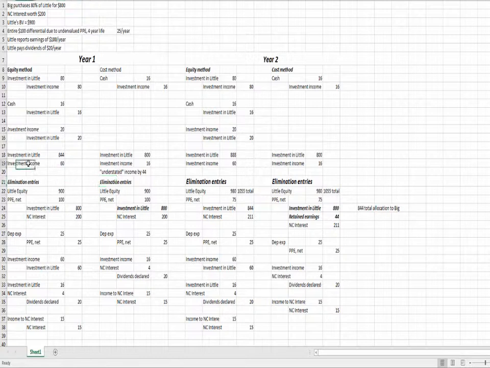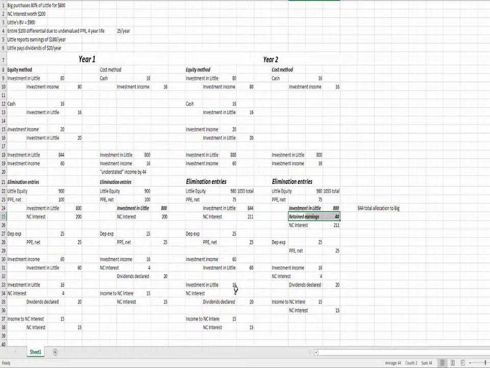Again, it should have been 60 if they had done the proper accounting. Instead, they took a shortcut and only reported 16. They understated their income by 44. That means that in year one, Big company understated their investment income, which means they understated their retained earnings. And what we're doing here is fixing their retained earnings, adding that missing $44.